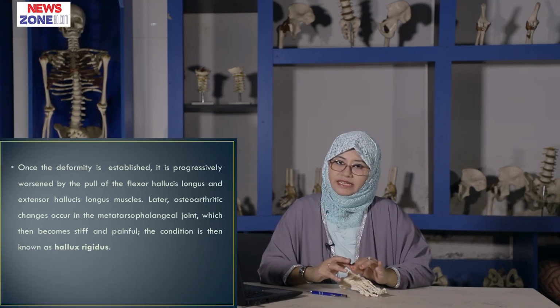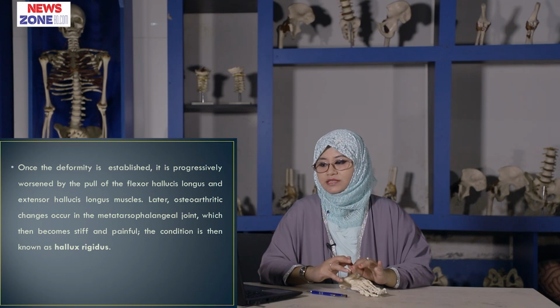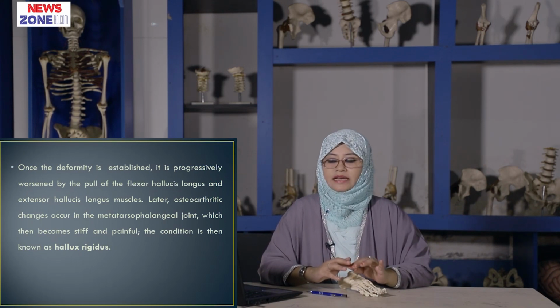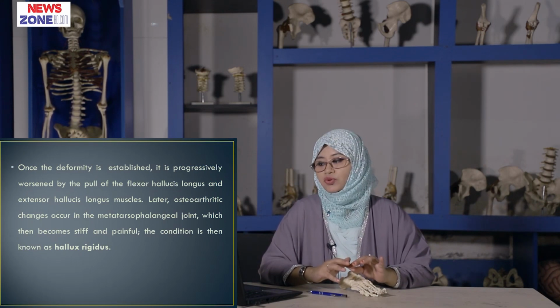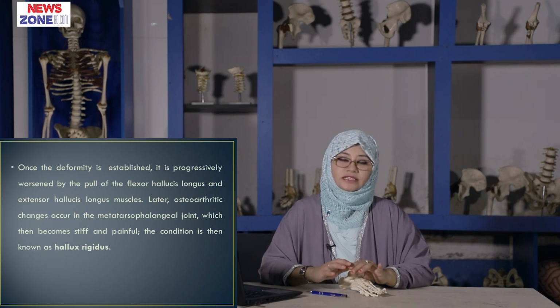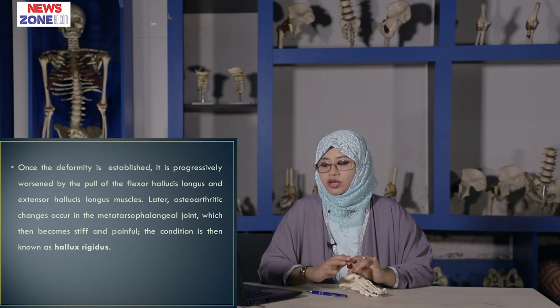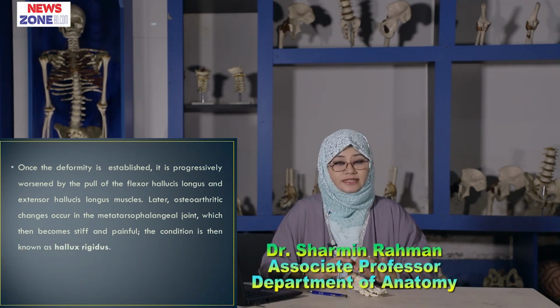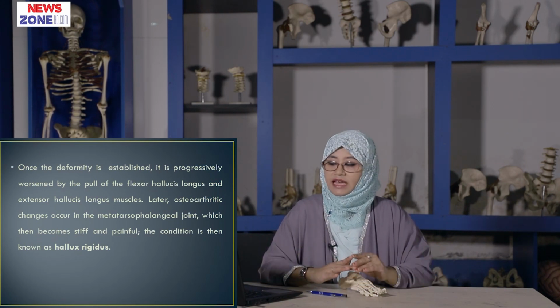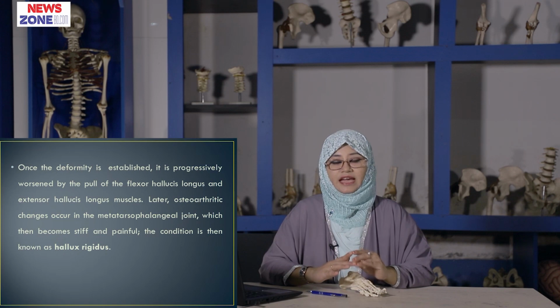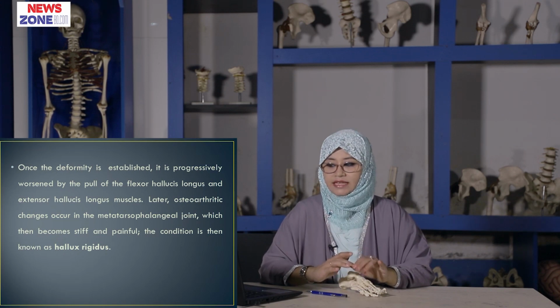Once the deformity is established, it is progressively worsened by the pull of the flexor hallucis longus and extensor hallucis longus muscles. Later, osteoarthritic changes occur in the metatarsophalangeal joint, which then becomes stiff and very painful, and this condition is known as hallux rigidus.